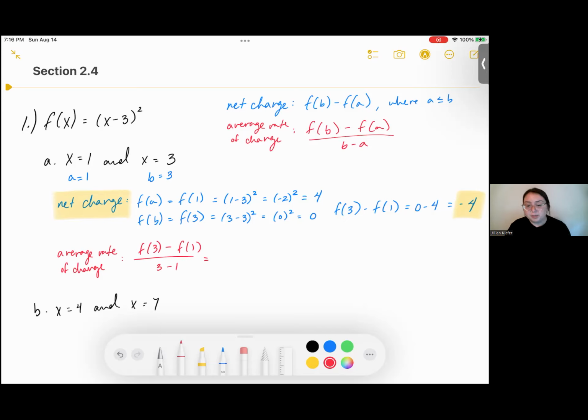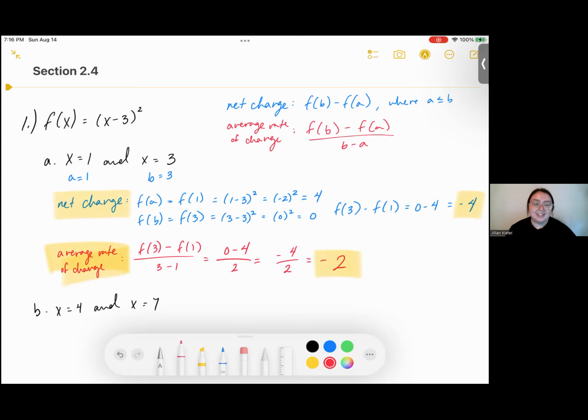It's negative 4, because f of 3 minus f of 1 is negative 4. We're going to write it out anyway, but you can always use that shortcut. So f of 3 was 0, f of 1 was 4, and 3 minus 1 is 2. So we get negative 4 divided by 2, which is negative 2. So the average rate of change for our function between these two points is negative 2.